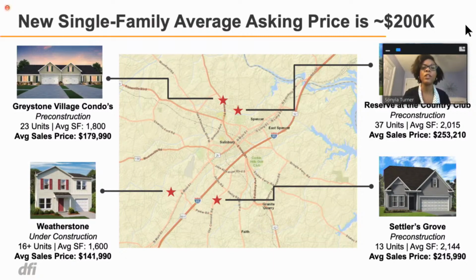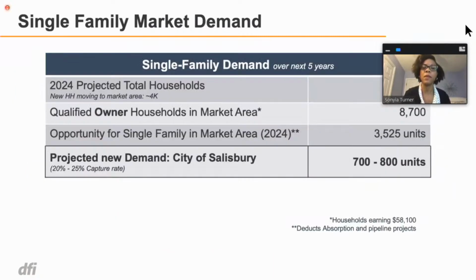When we look at single family demand, again, the same projected total households of 145,000 in 2024. That's a growth of approximately 4,000 to 5,000 households over the next 5 years.